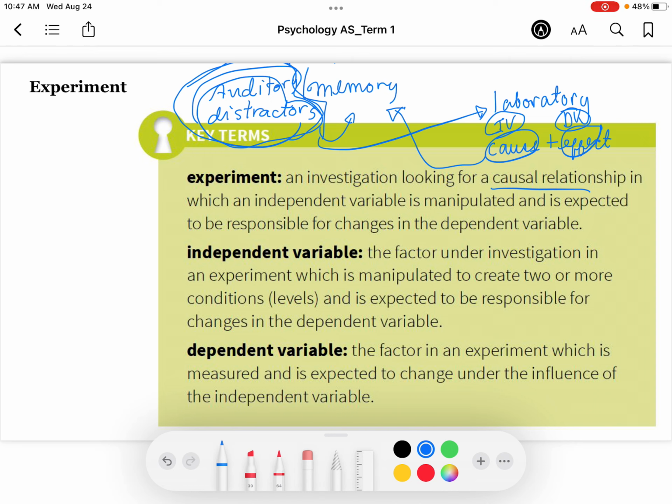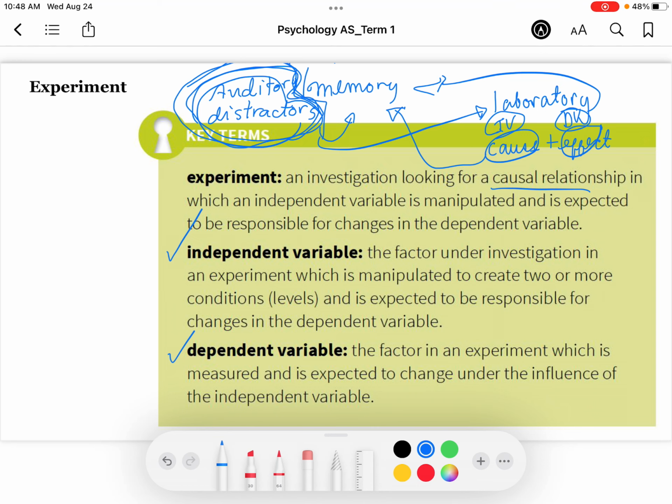For example, in this study, do auditory distractors affect memory? Then the dependent variable, what you're measuring, would be memory, the scores in the memory test, right? Pretty simple.